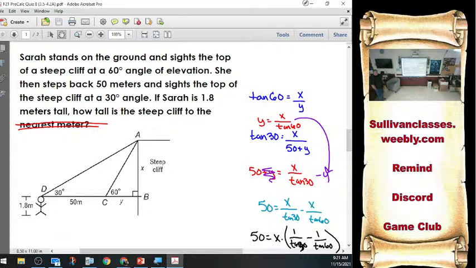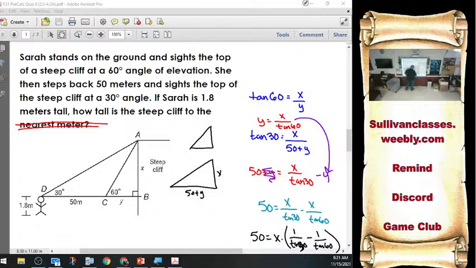Be careful as to whether you're using sine, cosine, or tangent. I've had some kids do better with these type of problems by making two separate triangles so that they do better with what the actual opposite and adjacent are. Okay, however you do it.